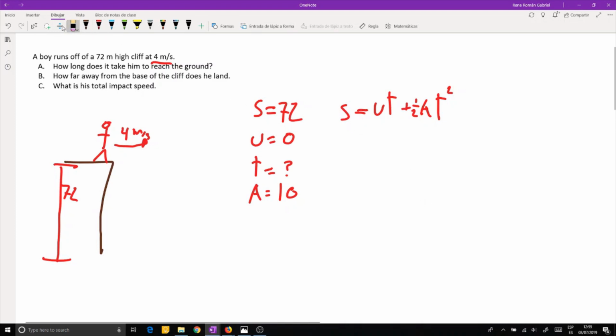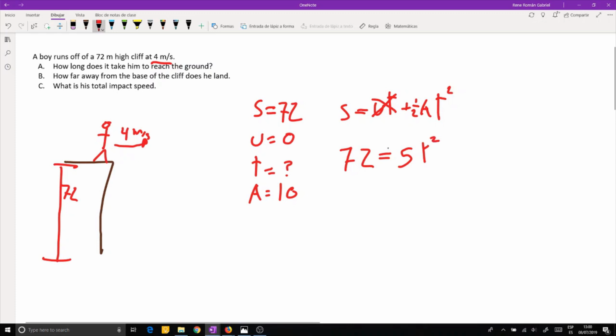Since U is 0, it doesn't matter what T is, it will be 0, so we can eliminate this one. And then we just have to substitute the rest. S, we said, is 72, which equals 1/2 A, which is 10, so 5, and T squared as our unknown, so T squared.